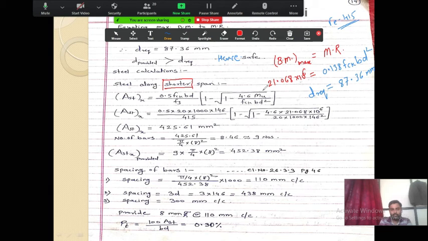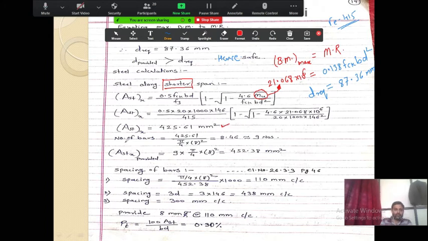Here Mu is nothing but the moment in the x direction, this value. So just put the values. If you put all the values here, you will get the area of steel in the x direction as 425.61 mm square.